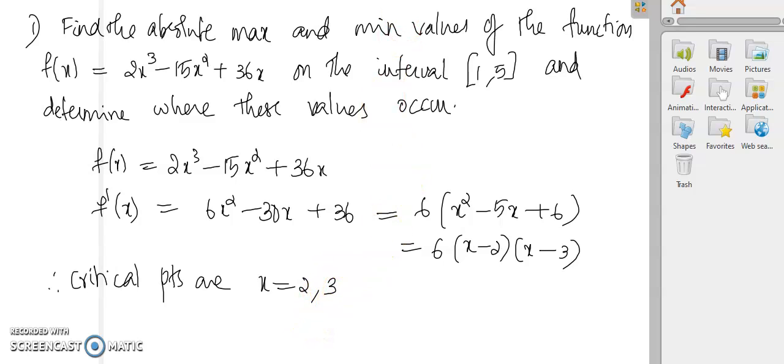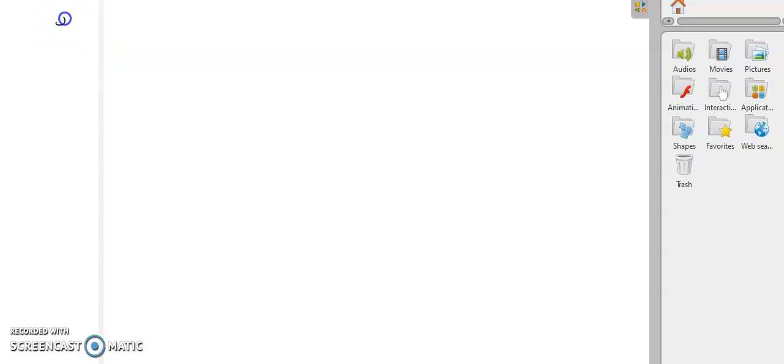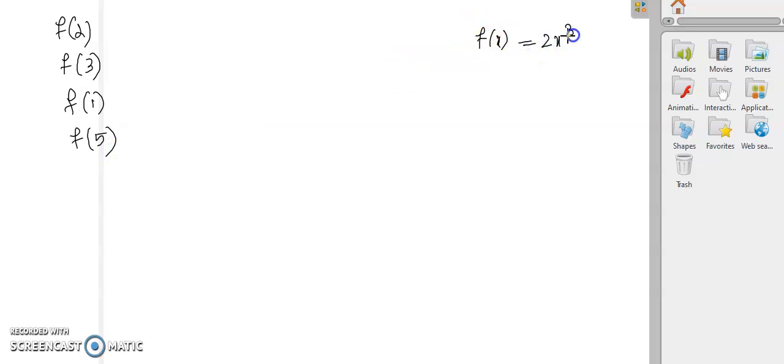So let us evaluate f(2). The values we need to find are f(2), f(3), then f(1) and f(5). So f(x) is 2x³ − 15x² + 36x.